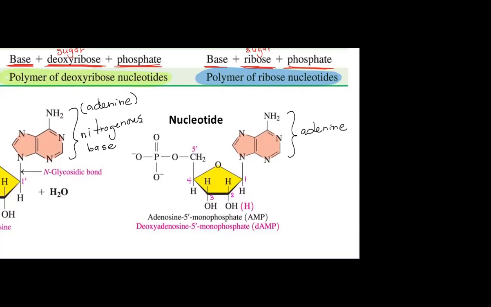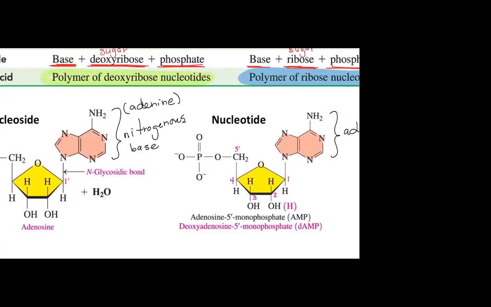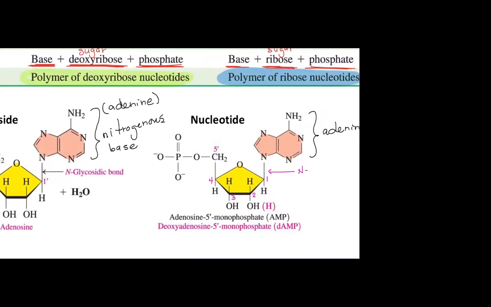Now, let's understand that the way these components are bonded to one another is very specific. As you can see illustrated in the nucleoside, carbon number 1 is bonded to the sugar motif through what is called an N-glycosidic bond.